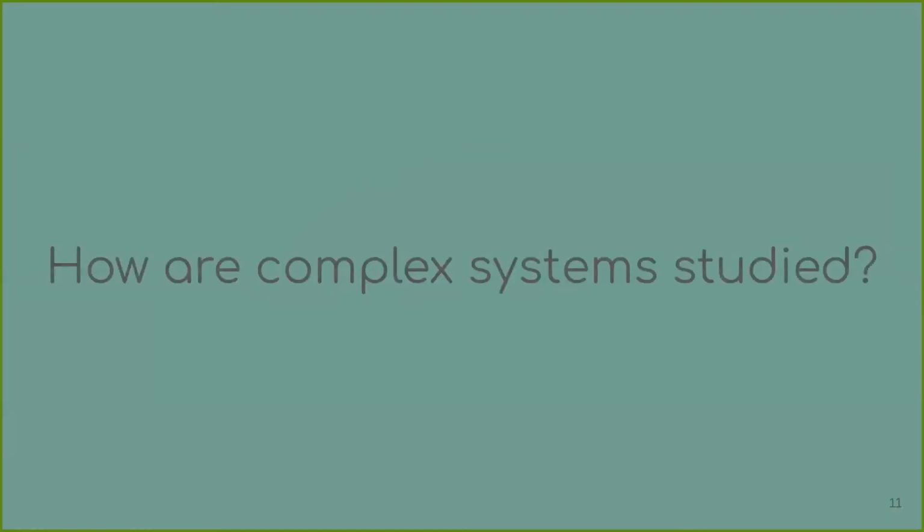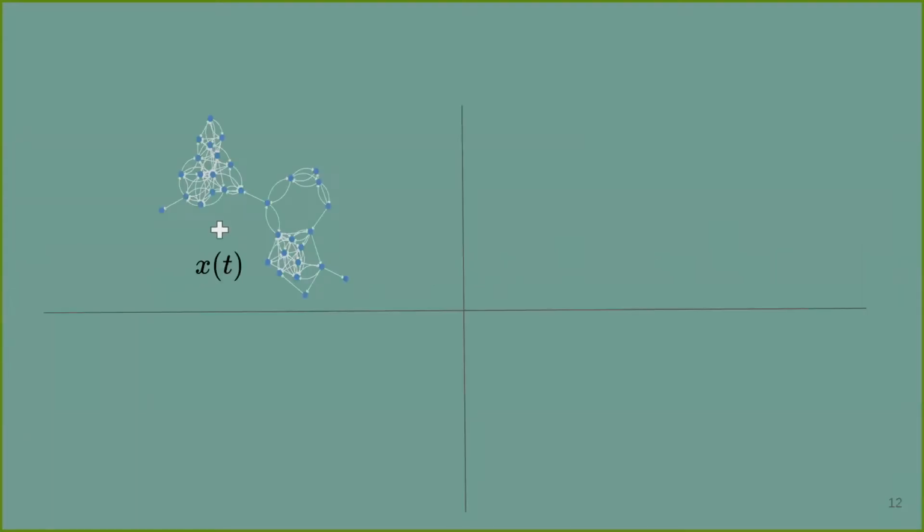So how are complex systems traditionally studied? Well, I think there are 4 different ways people traditionally use this concept to study complex systems. The first one is basically, as I just depicted, you have a network structure and you have some dynamics that evolve over time. And this is what I would call the happy case, because we have a lot of information available about this system and we can study this.